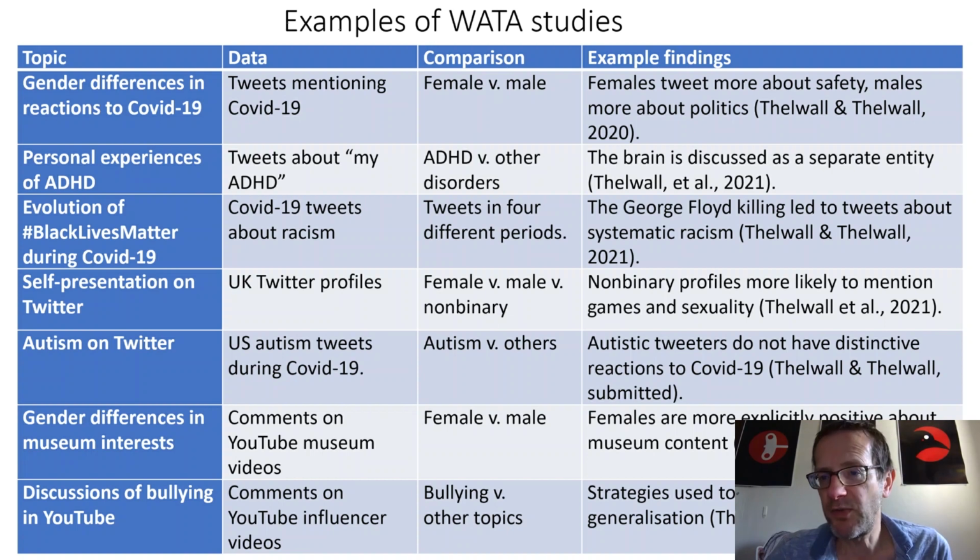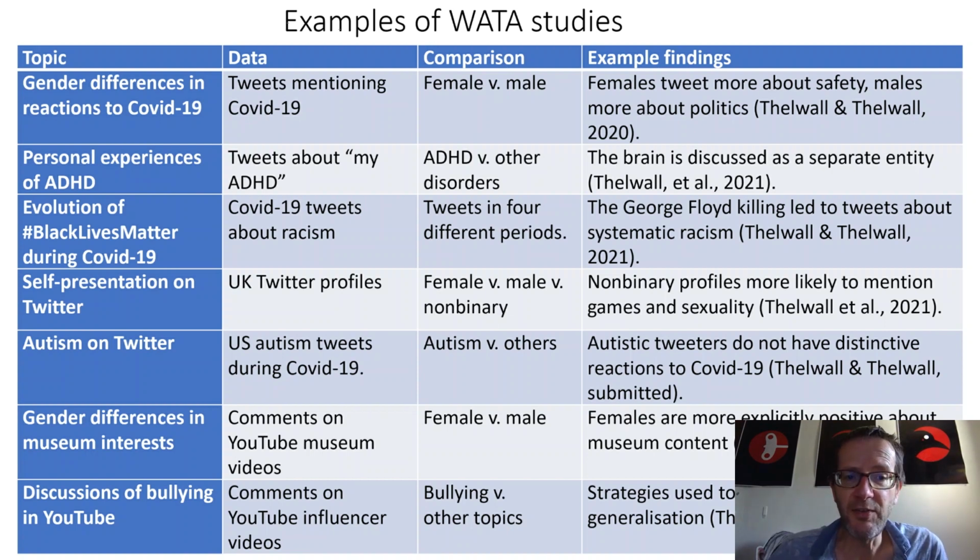One of the findings was that females were more explicitly positive about museum content. If there was a comment on one of the videos saying something clearly explicitly positive about the content, then it was more likely to come from a female. I don't know why that is, but in other contexts also, we've discovered males tend to be less explicit in their use of sentiment.